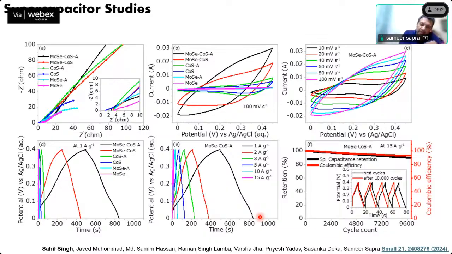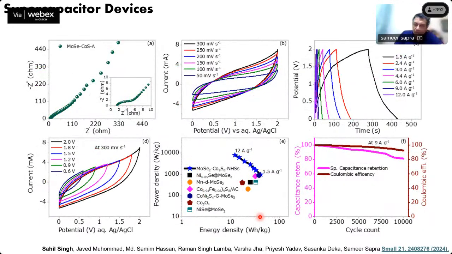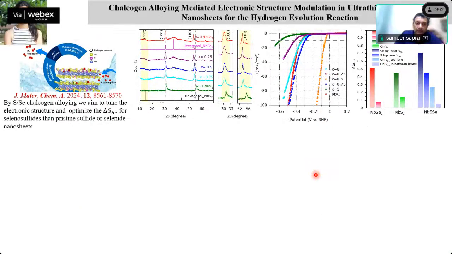Then you go to the next station and charge them. All right. So these are supercapacitor devices, which are very easy to make, very easy to fabricate, and this was with the help of Sasanka and his student Javed, which we could do. So there's a lot of collaboration involved.